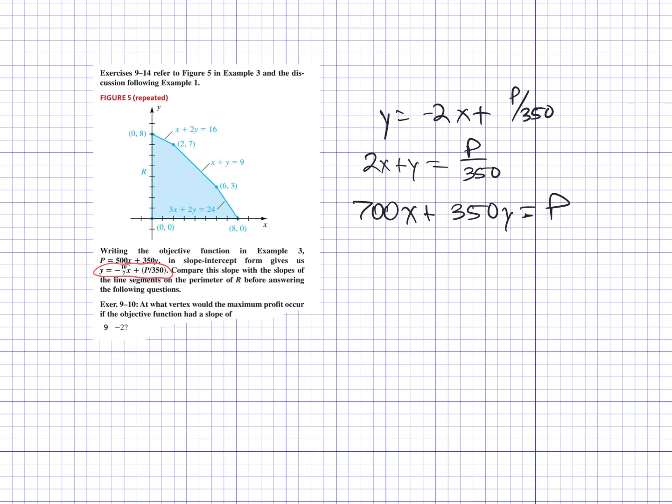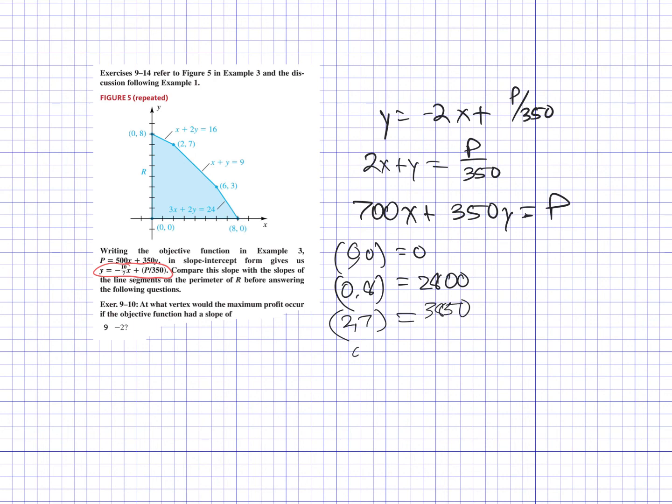Okay, so now we plug in all these values. So 0, 0 is going to give us 0. And 0, 8 is going to give us 8 times 350, which is 2,800. And then let's just go down the list here. 2, 7. So 1,400 and 7 times 350 plus the 1,400. That's 3,850.